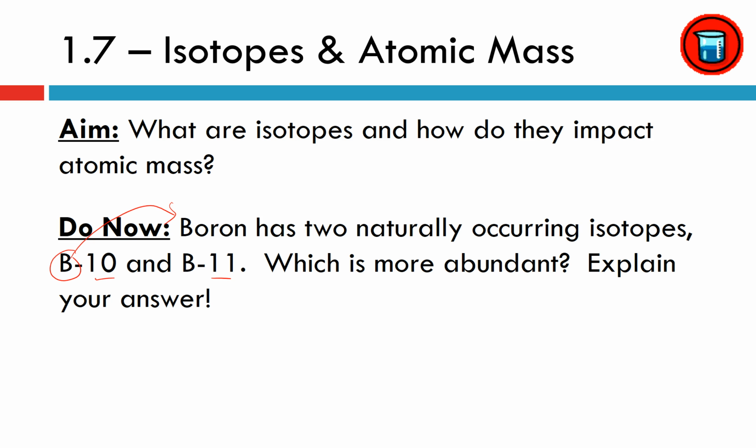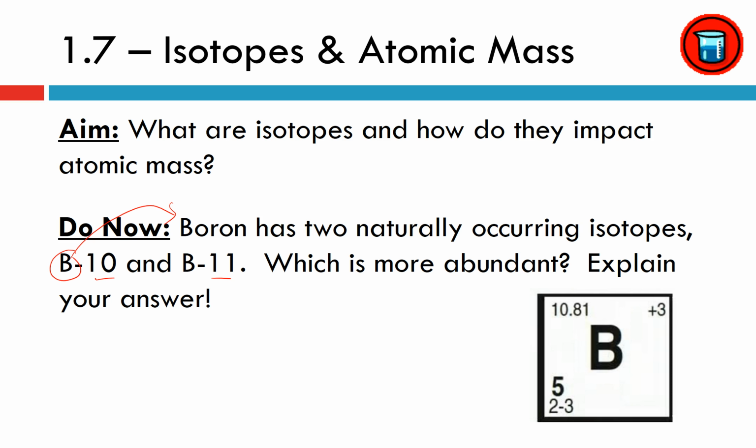You need to pull in a third piece of information, and it comes from your periodic table. We talked about what some of these numbers represent in Screencast 1.6, but just to quickly review, this number at the bottom, the 5, is our atomic number. And the atomic number is the total number of protons that are present.